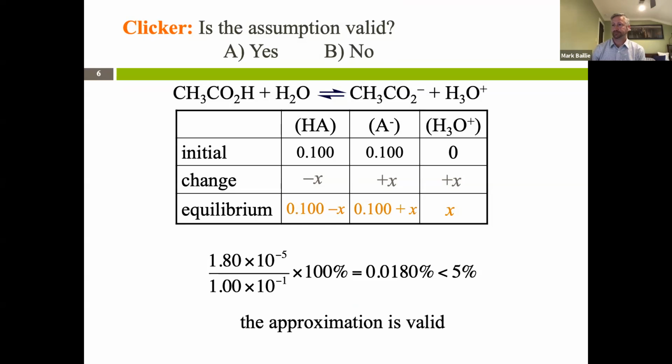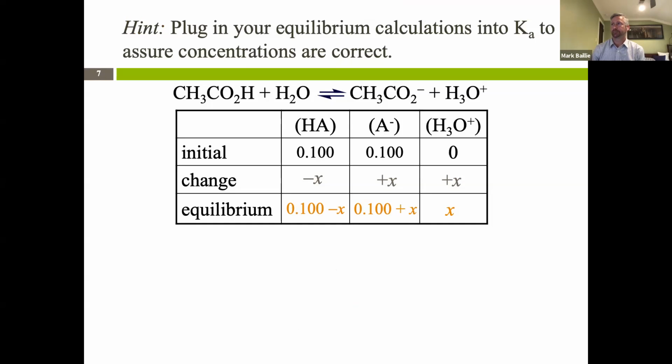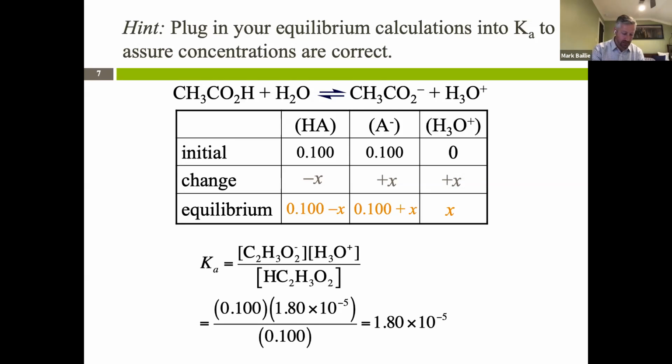0.018%. One thing to do, we can always check to make sure that our number makes sense as well. And so we can plug our X value back into the actual Ka expression and verify that that number makes sense. So remember, we had originally Ka equals 0.100 minus X, and then I guess it was plus X on top, minus X on the bottom.